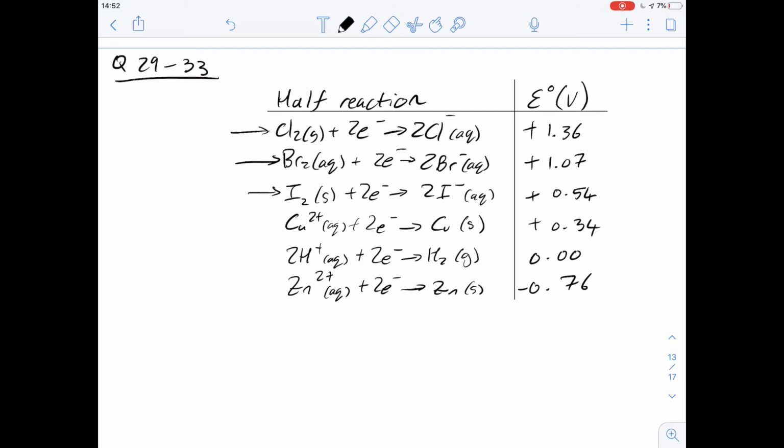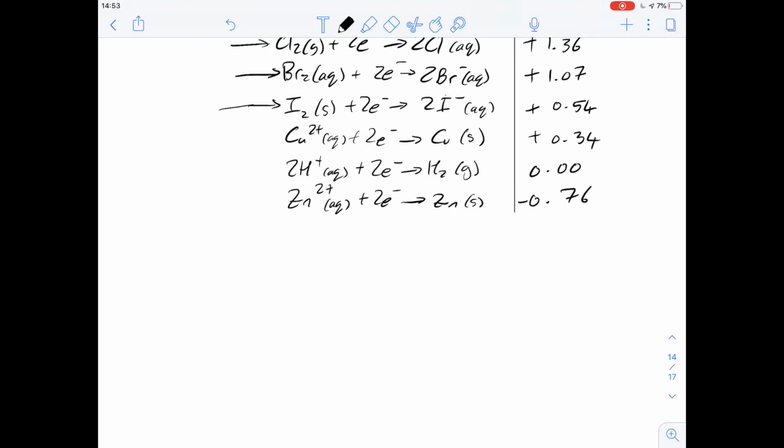As we can see, bromine has a higher E value than iodine. And if iodide ions and bromine are present, then iodide will be oxidized. The reason for this is that we're going to be essentially doing the reverse of this reaction here. It's going to be stealing the electrons off the iodide ions and then producing these bromide ions.